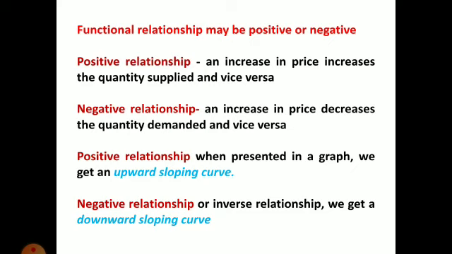That is why, if you remember, the demand curve is always downward sloping. Why? Because when price increases, the demand decreases. Inverse relationship. So whenever the relationship is an inverse one, we have a downward sloping curve. When the relationship between the two variables is positive, that is when they move in the same direction, we have an upward sloping curve.